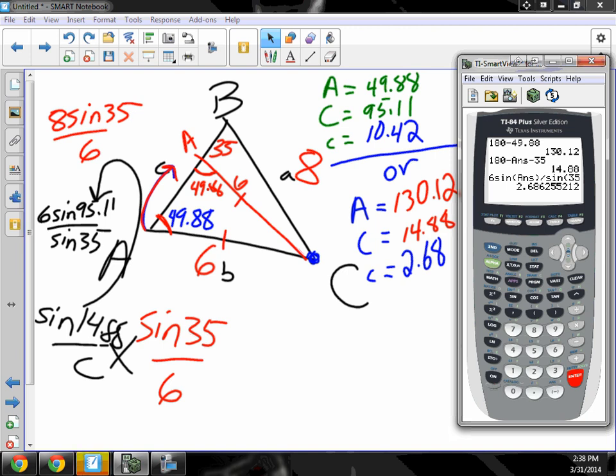Now if you take a look at your worksheet, 13 through 18, those are the hardest problems. So pull out your worksheet from Thursday. It's the second half of the law of sines worksheet.